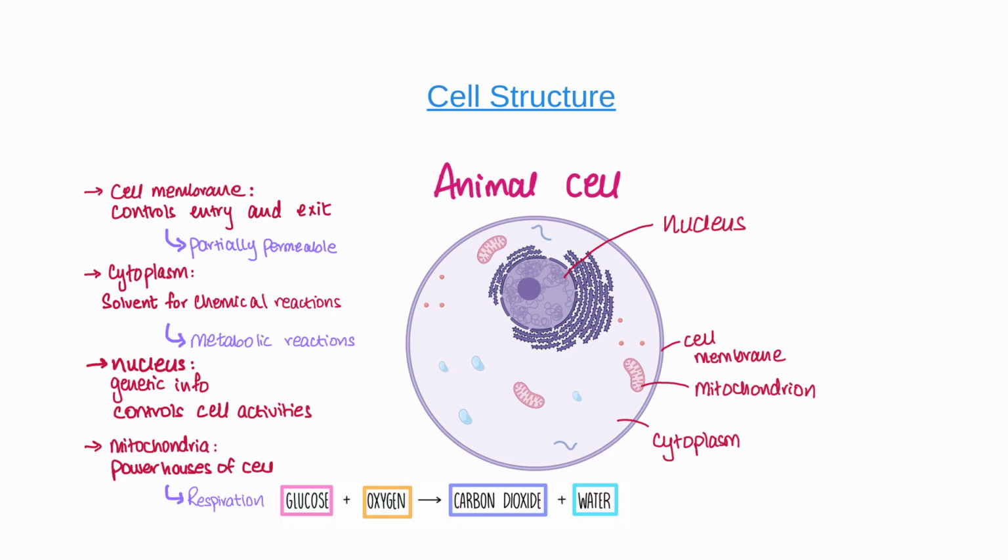So this says glucose and oxygen combine to form carbon dioxide and water, and obviously release energy. Now, this usage of oxygen to make energy is called aerobic respiration. Now, since there is an aerobic respiration, there's obviously going to be an anaerobic respiration that doesn't require oxygen. So, what you need to remember is that aerobic respiration is the main form of respiration in an animal cell.